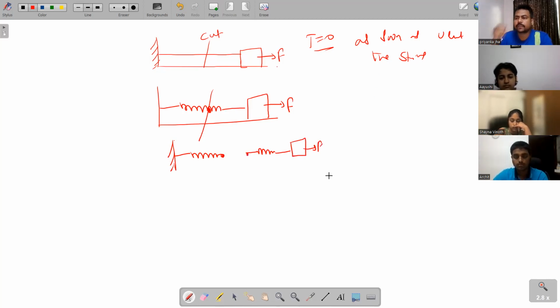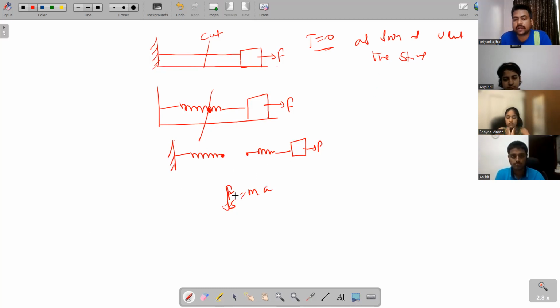Now you know that force is mass into acceleration. Now see here, as soon as you cut this, there is no mass connected here.